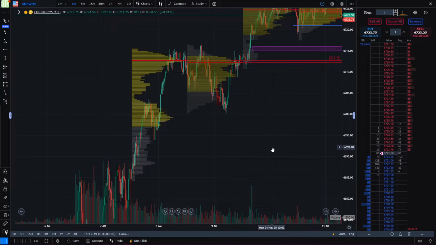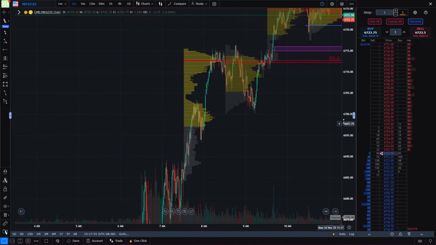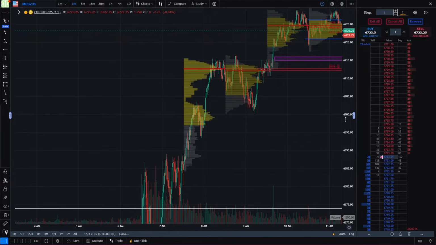Now, the reason this is important is because if we are speculative traders trying to develop a thesis, we can start using these value areas as potential cues to make a decision in the market.